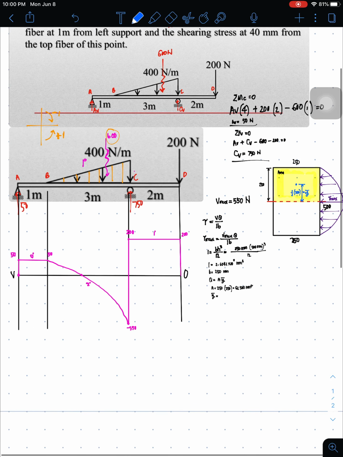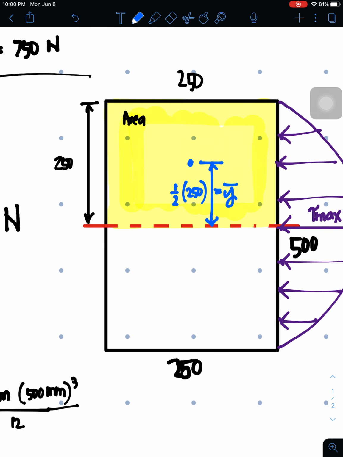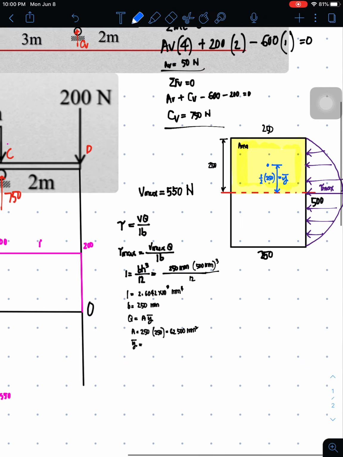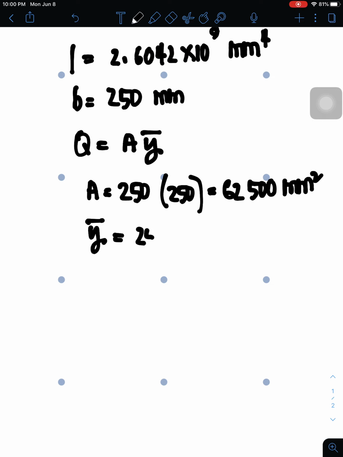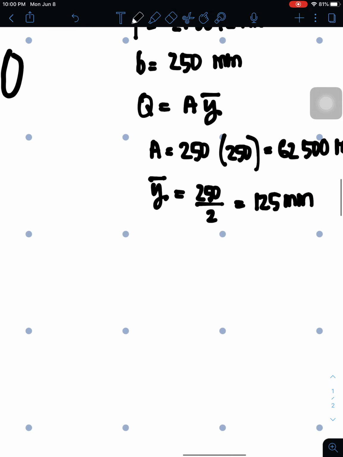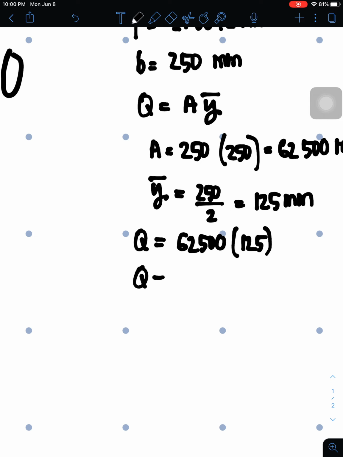Okay, so I hope na clarify to siya, no, that the definition of the barred Y is the location of the centroid of the area being considered padung sa neutral axis vertically. So that's going to be 250 over 2, and this is 125 millimeters.